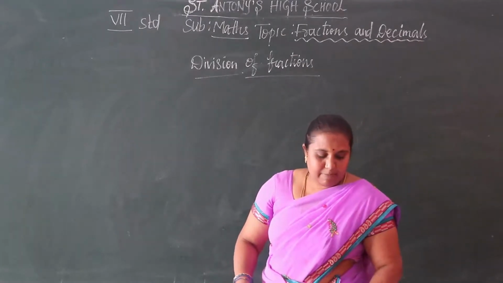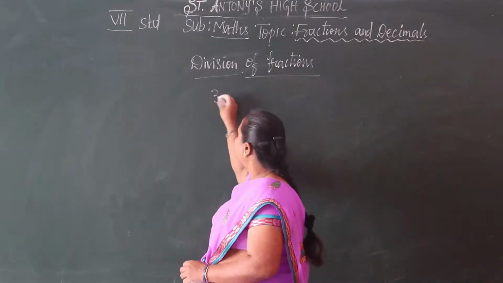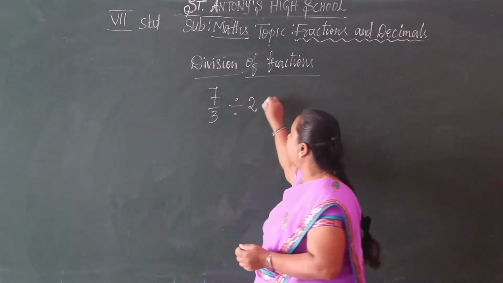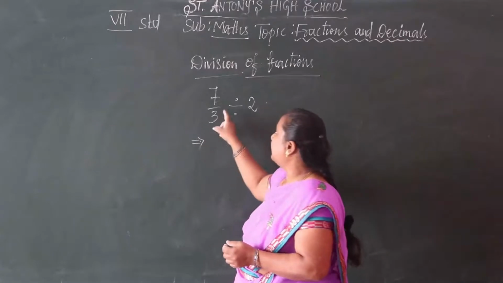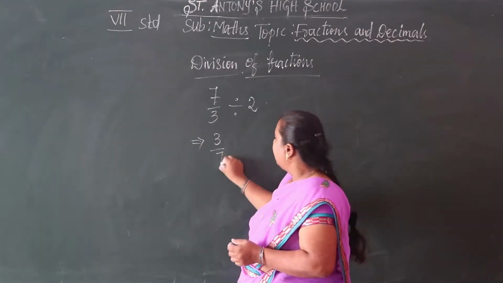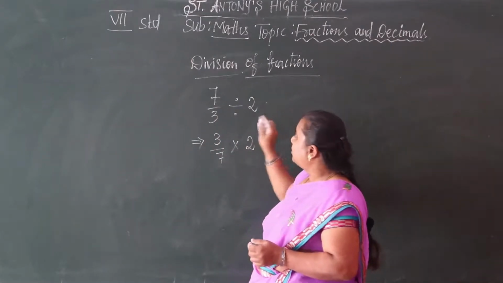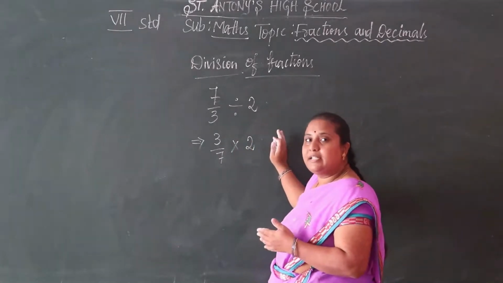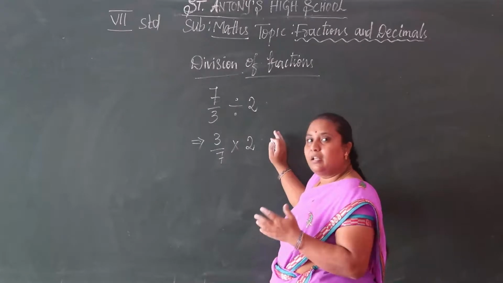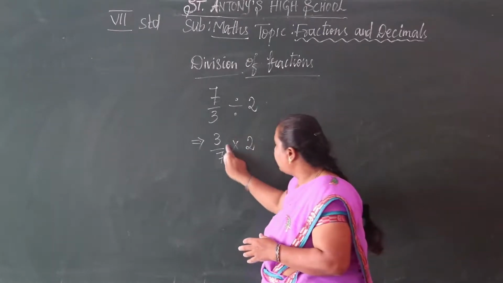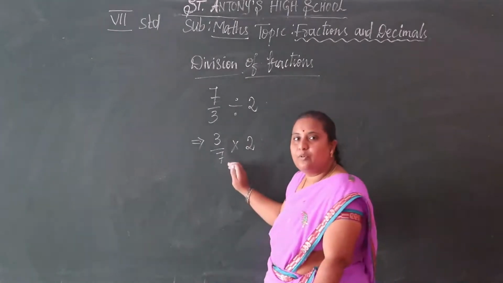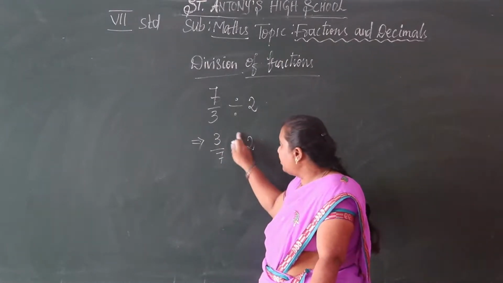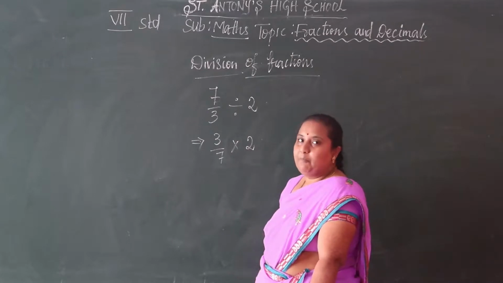So we take the reciprocal of 2, giving 7 by 3 into 1 by 2. Where we write the reciprocal of the fraction, we should change the sign. It is important.